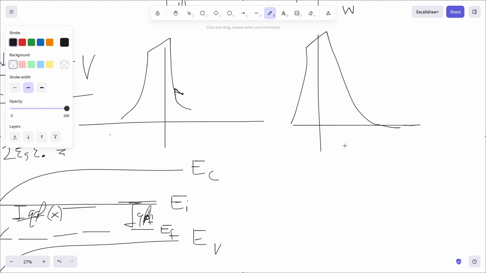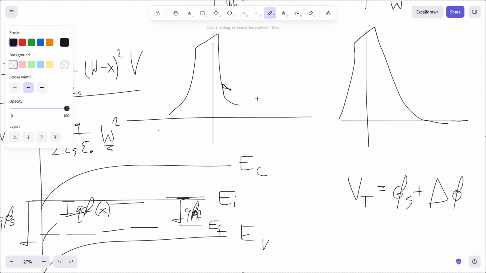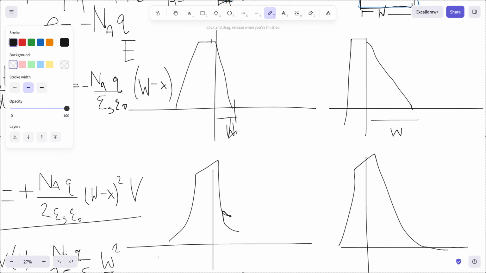And similarly, V threshold is equal to phi sub s plus change in phi. And this change in phi is basically the voltage drop that occurs in between the insulator.